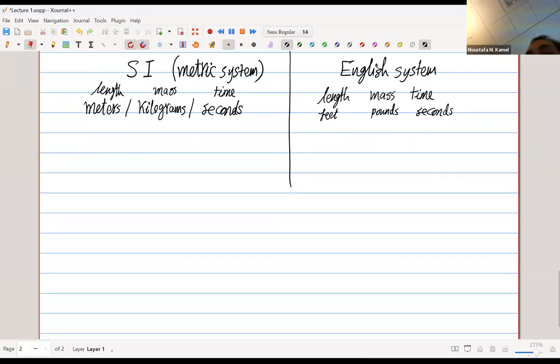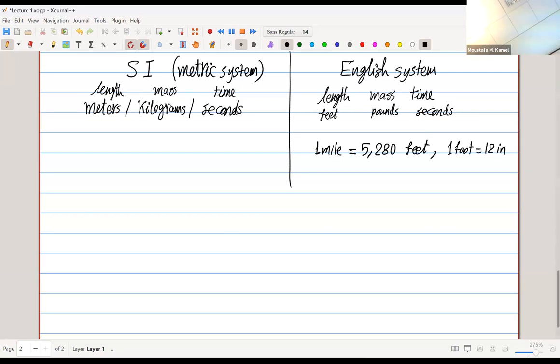For example, in the English system, you have the conversion between, I wrote them down somewhere. You have 1 mile is equal to 5,280 feet, where 1 foot is 12 inches. Okay.